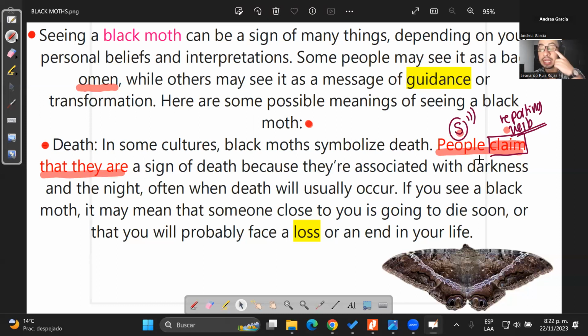Verbs that talk about somebody who said something before. And then, of course, the message is going to be introduced with that, and then the message. They are a sign of that because they are associated with, and so on. But that is the message that I want to transmit. But to describe that it's not me, but what people say in other parts, I have to use a reporting clause, right?